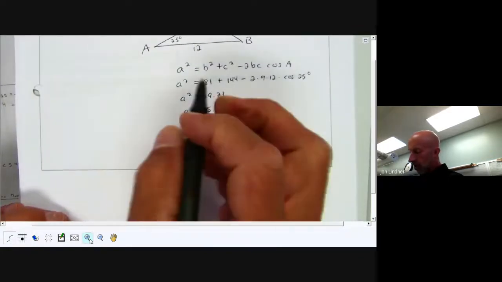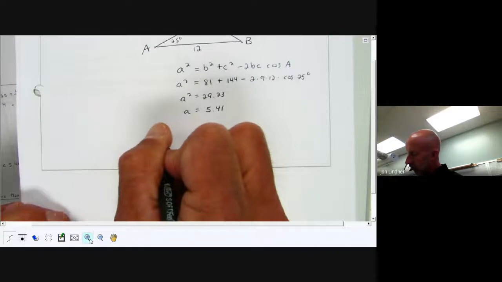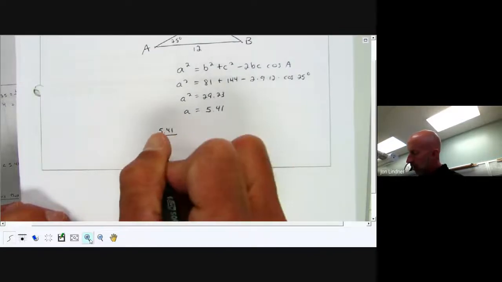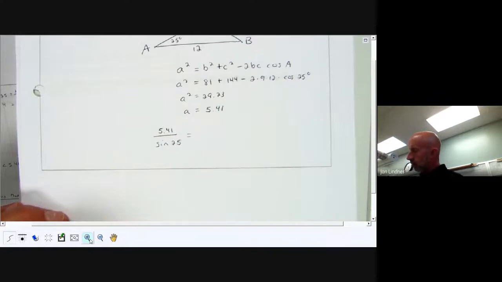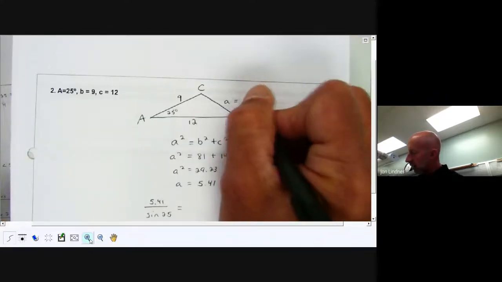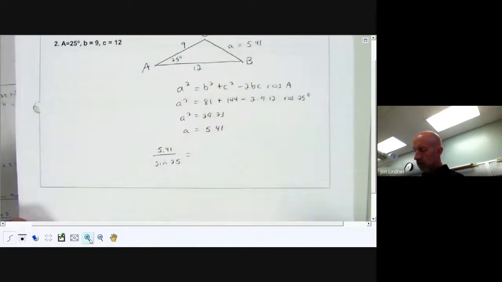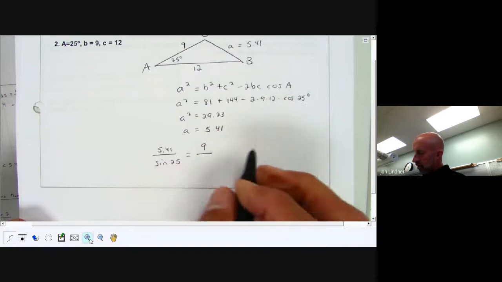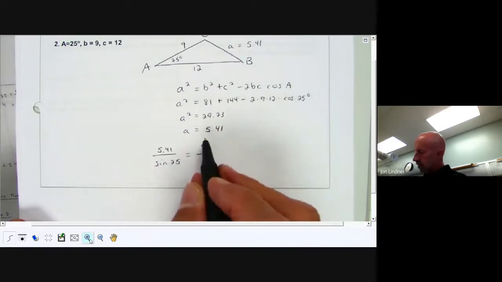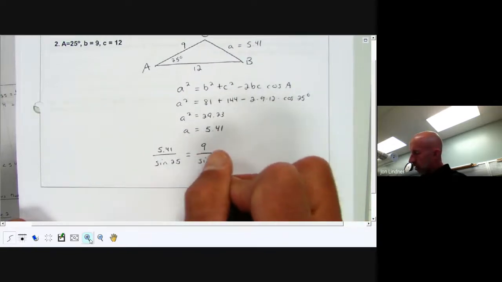Now I can do the law of sines again. I can do 5.41 is to the sine of 25. Okay, because now I know that side A, remember we just found out side A is 5.41, so now I can do the law of sines, equals side B, which was 9, to the sine of B.